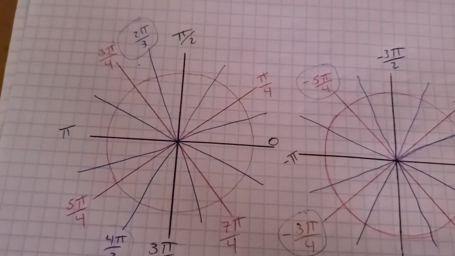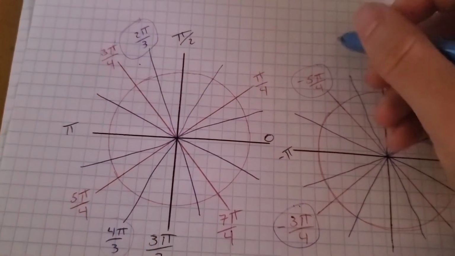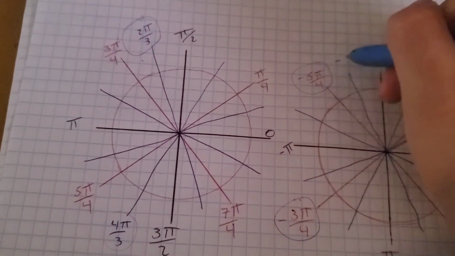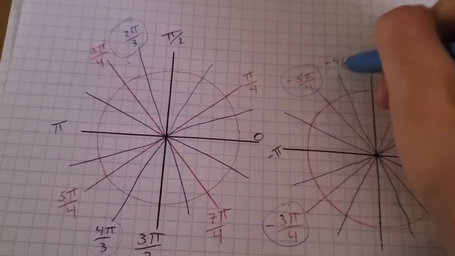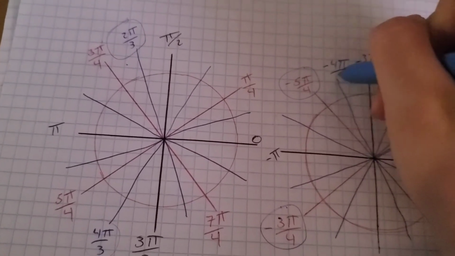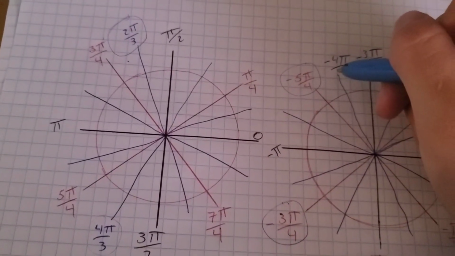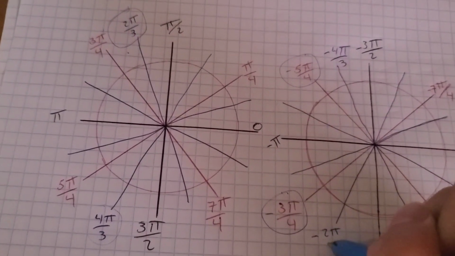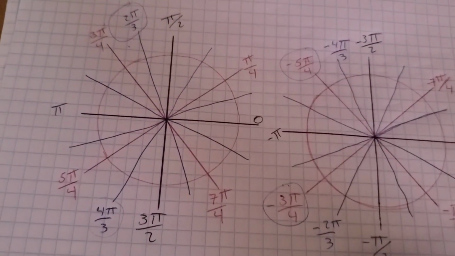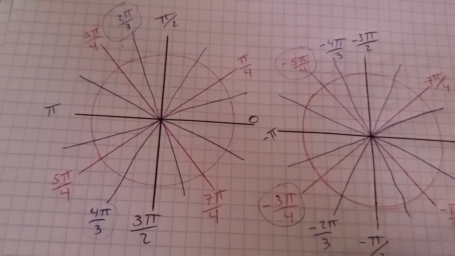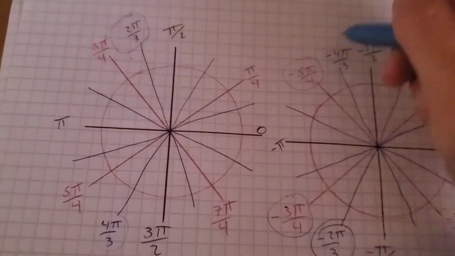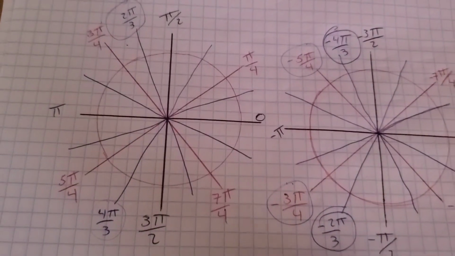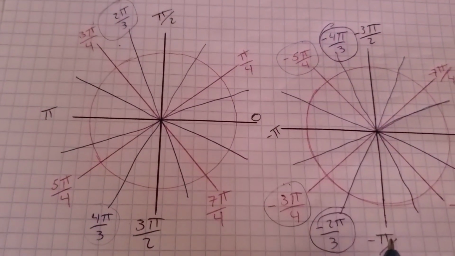They just switch places. So in the negative unit circle, negative 4 pi over 3 is located up here, and negative 2 pi over 3 is located down there.